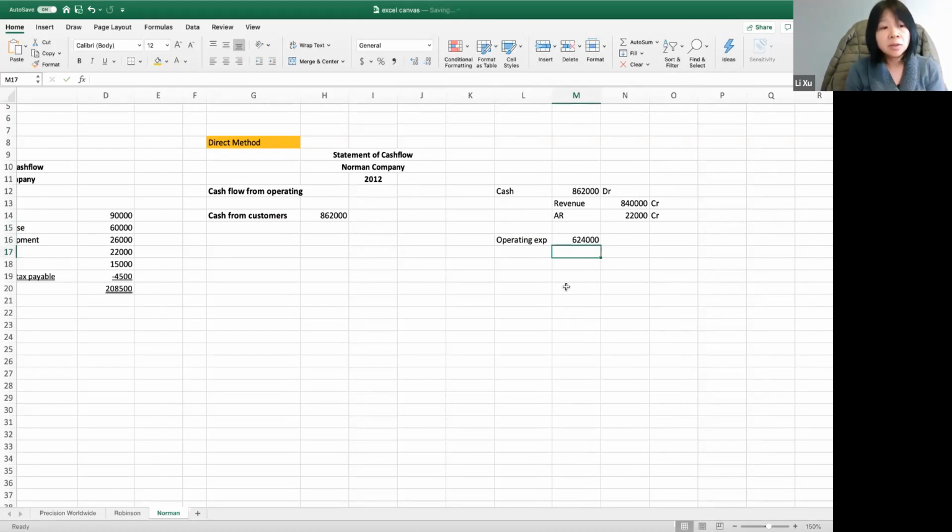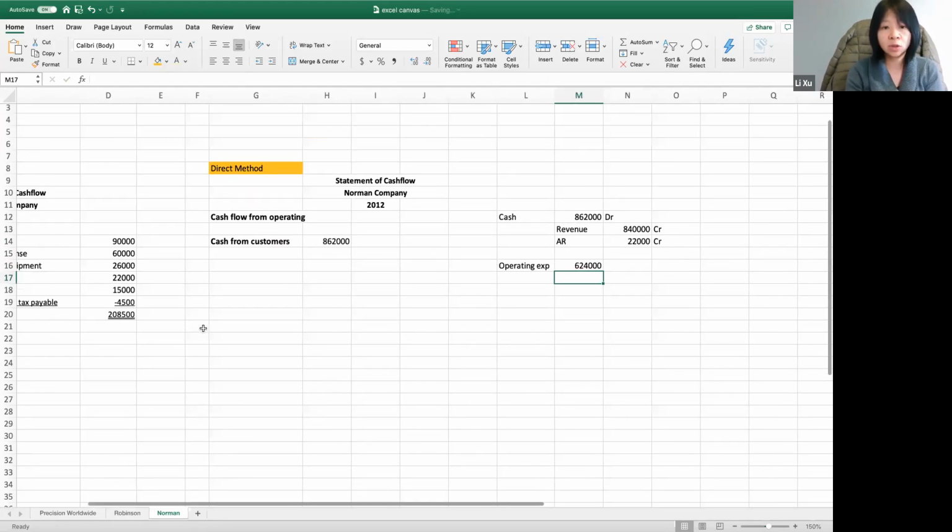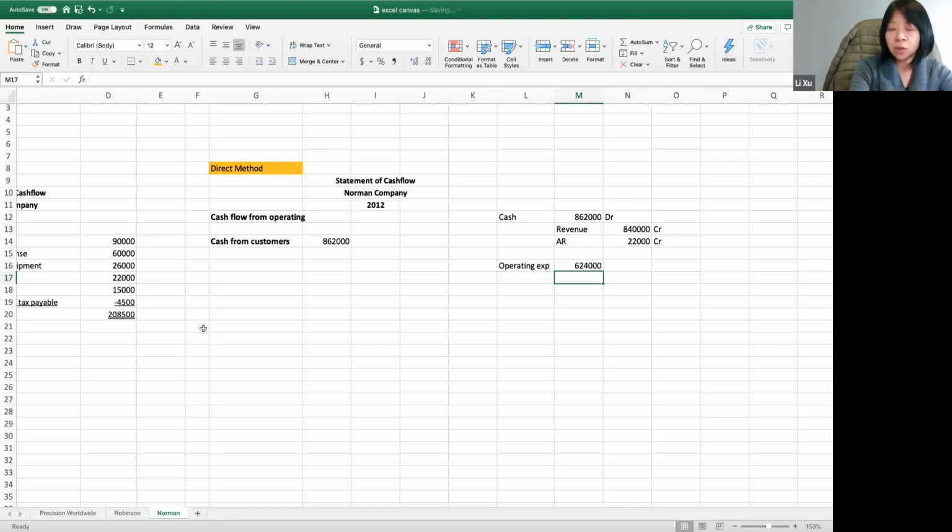Here we don't have cost of goods sold, and therefore we could just look at accounts payable, because any accounts payable you have has to be used to pay for these operating expenses. So here accounts payable is increasing 15,000. An increase in accounts payable is always a credit. Here debit, accounts payable credit. Next one is cash. Cash is the plug-in number.